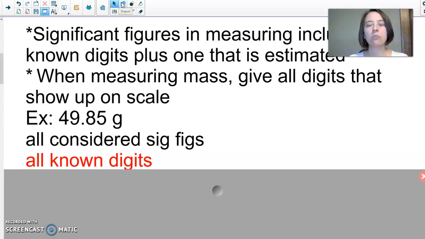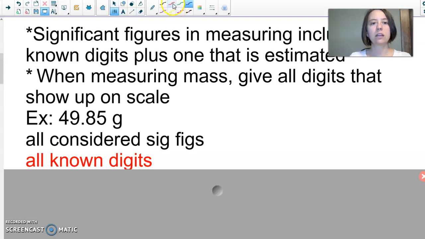If you notice on our balances, when you're measuring something out, sometimes that last number will flip back and forth and it could be kind of frustrating. Well, that is because the accuracy, the precision of the balance is the hundredth of a gram. So it is about 1 or 2 hundredths of a gram. So that last number, that hundredth of a gram place, is actually estimated. But all the other ones, the tenths place, the ones place, and then the tens place, would all be known digits.